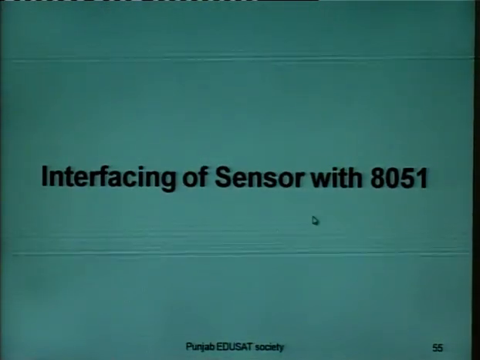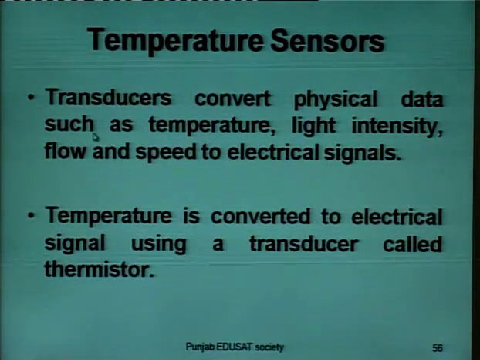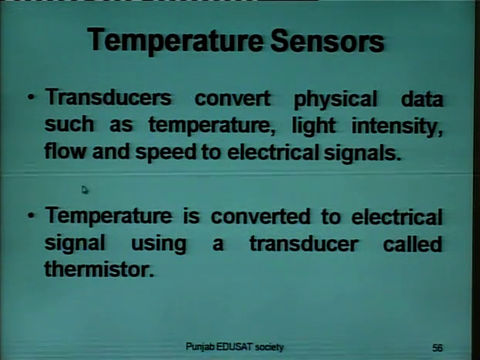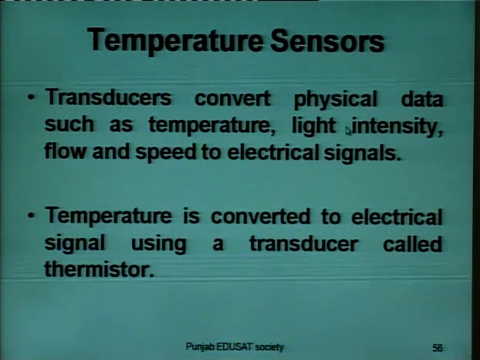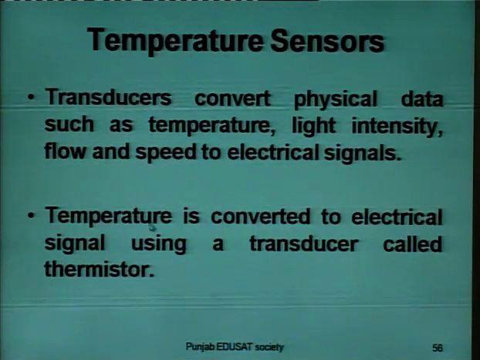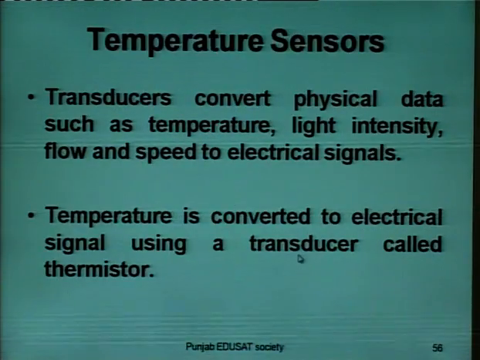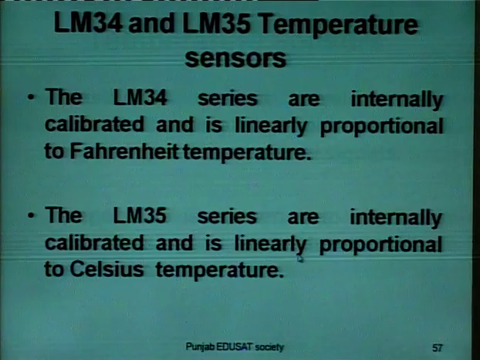Interfacing of a sensor with 8051. Here we have a temperature sensor. Transducers convert physical data such as temperature, light intensity, flow and speed to electrical signals. Temperature is converted to an electrical signal using a transducer called a thermistor.